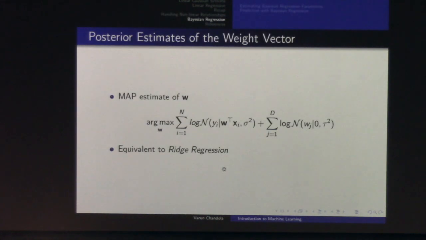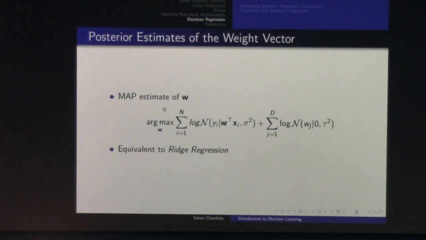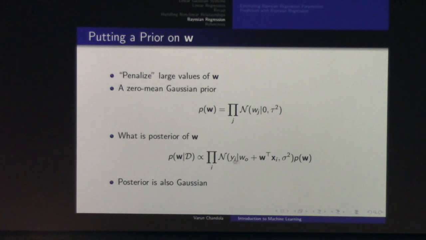But for Bayesian regression, so far, what we have is a distribution over all W's, right? Now, how do we get one W? We can maximize this, and that is called the MAP, the maximum a posteriori estimate, by maximizing this equation over here.